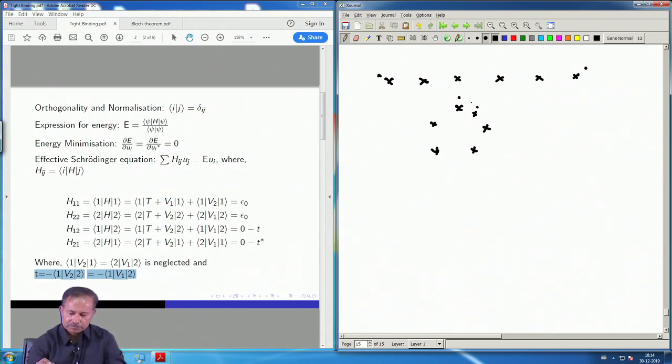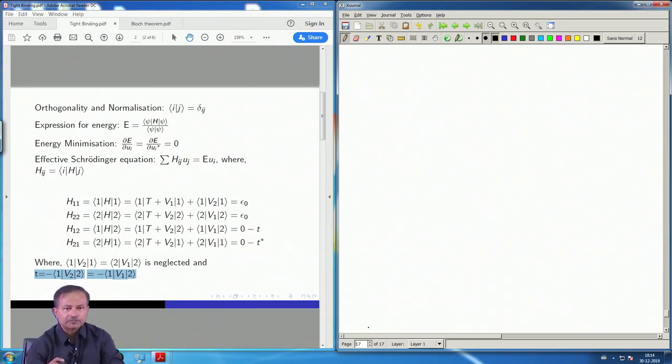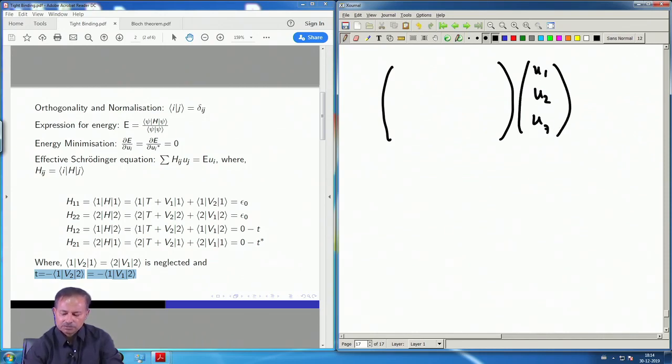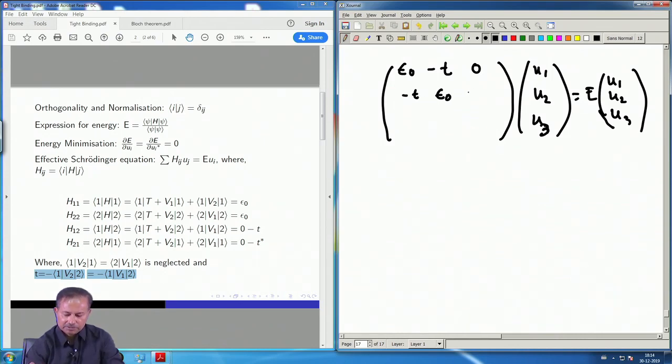Let me just write down the matrix of the Hamiltonian that I will get for 3 sites, where the periodic boundary condition is not used. Again, it will be in the basis of u1, u2, u3, equal to E times u1, u2, u3. So, epsilon naught, minus t, 0, then epsilon naught here, minus t here, minus t here.